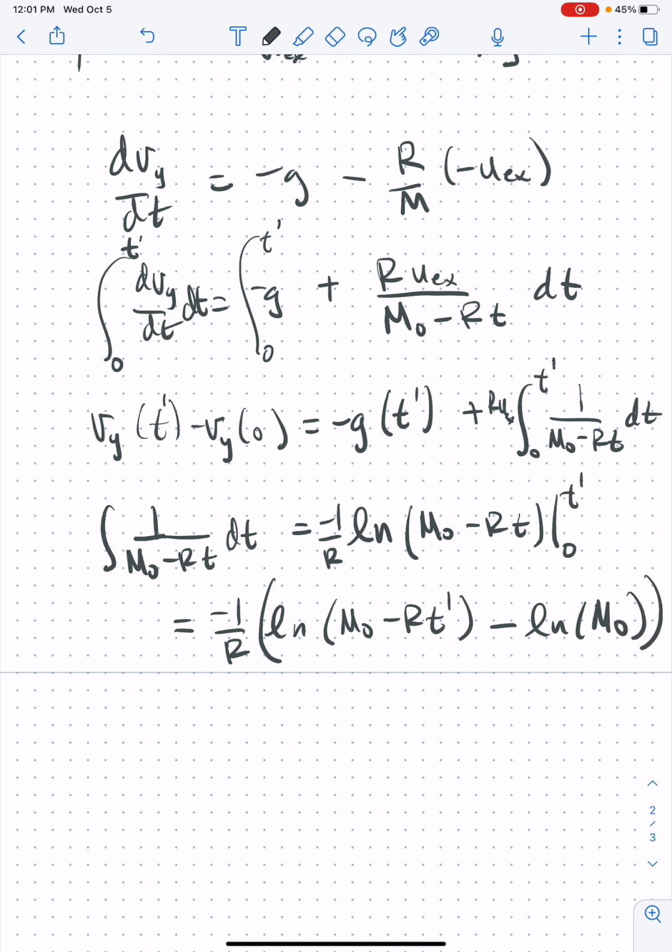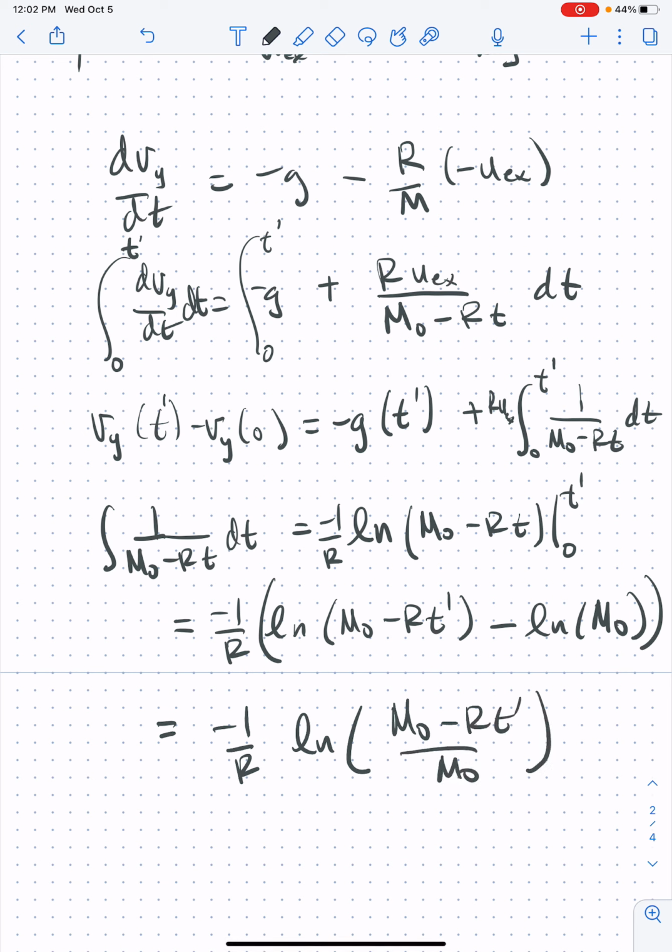Okay, and then we can combine these to get negative 1 over r log of (m naught minus r t prime) over m naught.